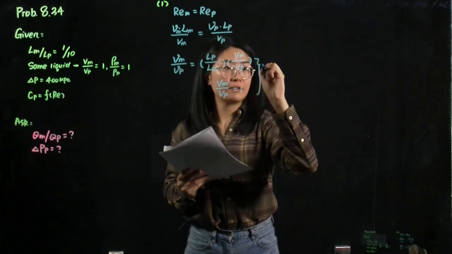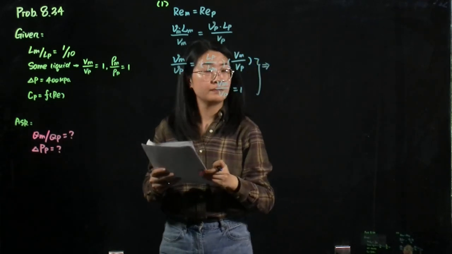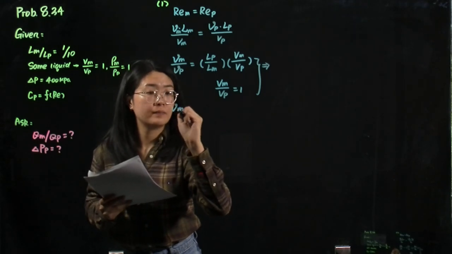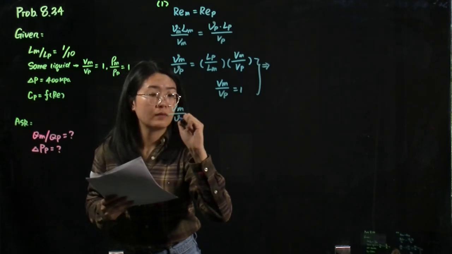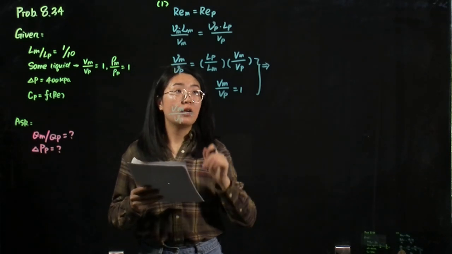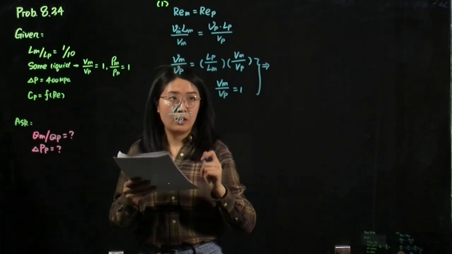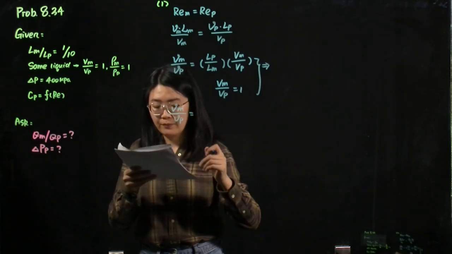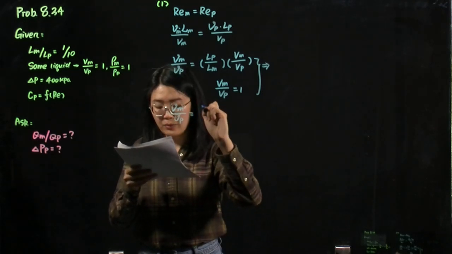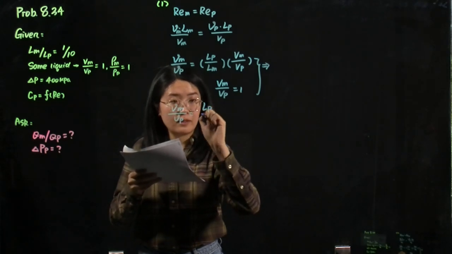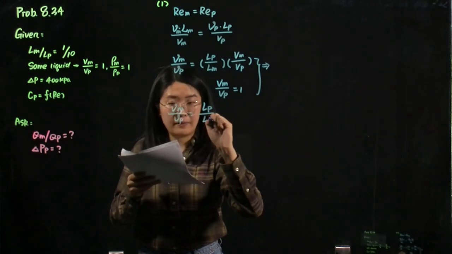So we know that the velocity ratio should equal the ratio of the lengths, Lp divided by Lm.